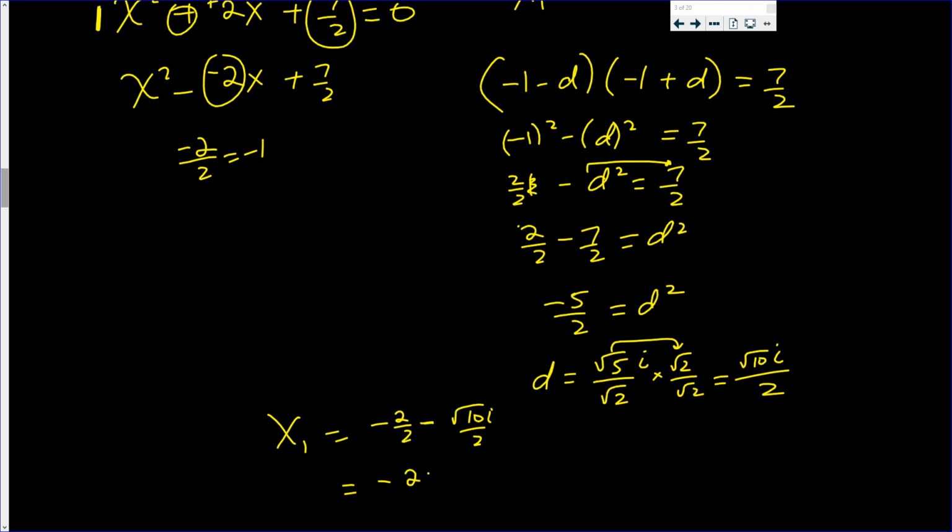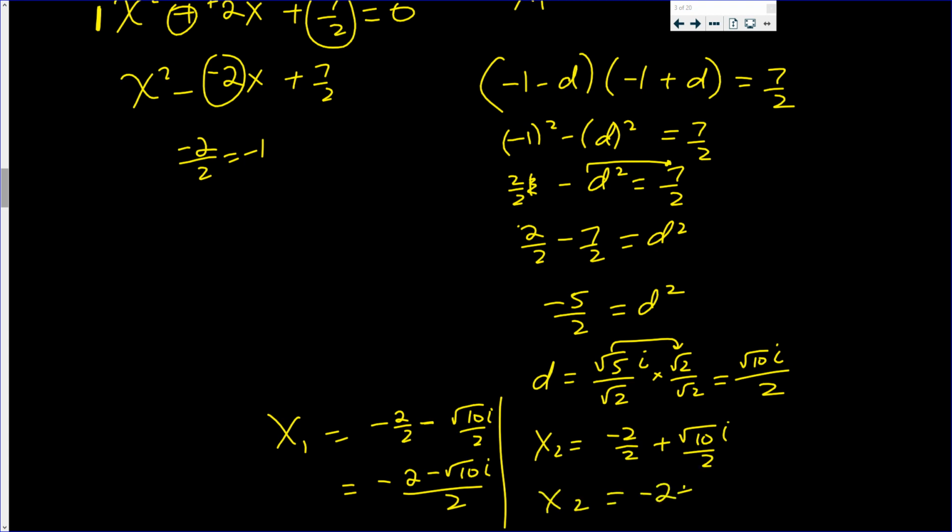So you get negative 2 minus the square root of 10 i over 2. And x sub 2 will be negative 2 over 2 plus the square root of 10 i over 2. So x2 would be negative 2 plus the square root of 10 i over 2. And there are your two answers.